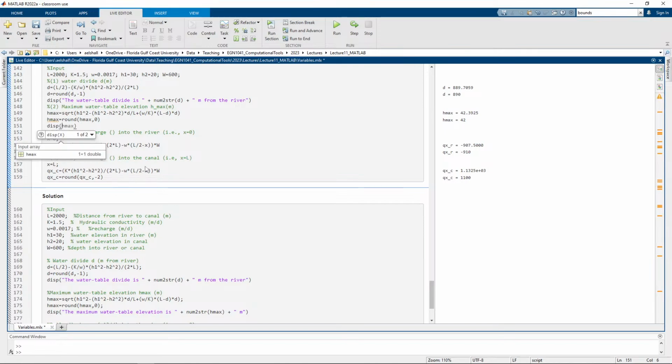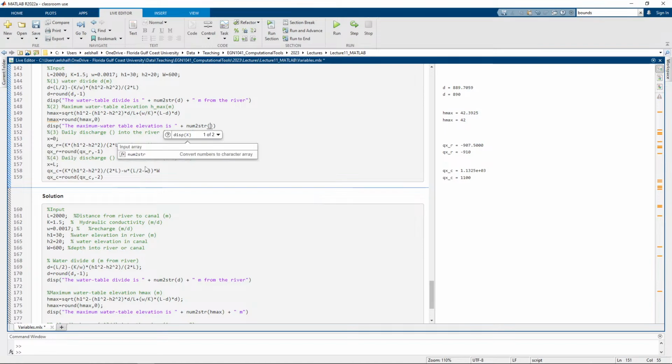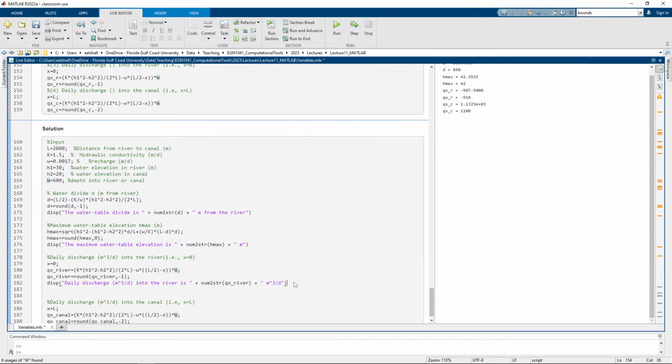Display, and then the maximum water table elevation is, and then plus number to string, and then H max, and that is plus, that's something in meter, something like this. And then I can do it for the rest of them.